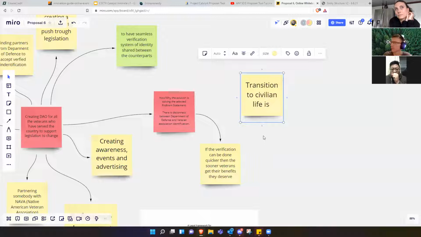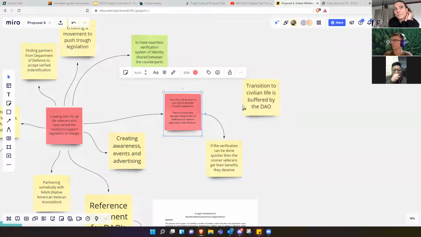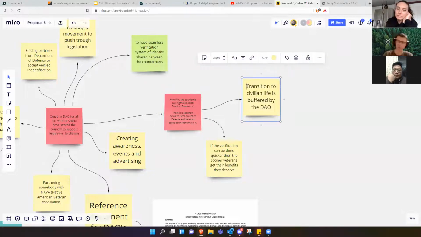Now you're responsible for your medical, you're responsible for your education. There's nobody to help you. There are no services unless you're tied somehow to the Veterans Administration, unless you can show that tie, that prior service.